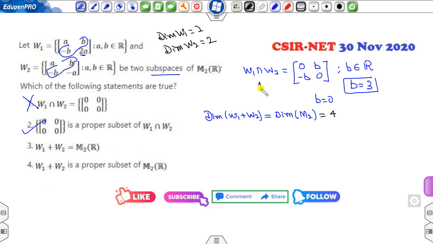What is the intersection dimension? 1. So dim(W1 plus W2) is 2 plus 2 minus 1, which is not 4. Not possible. The third option is cancelled because they are not the same. So the dimensions are not the same, which means W1 plus W2 is not equal to M2. So 3 is less than 4, and the proper subspace is the correct answer.